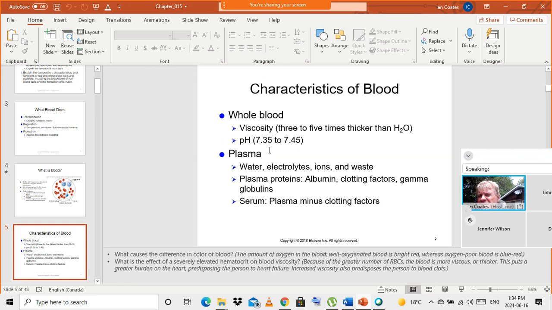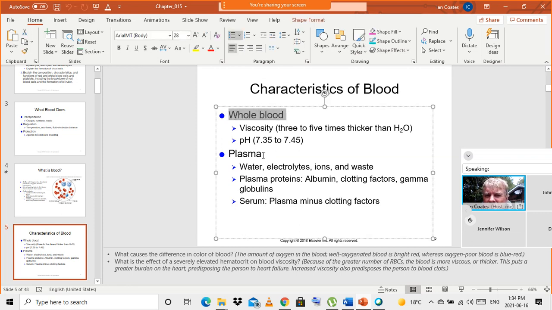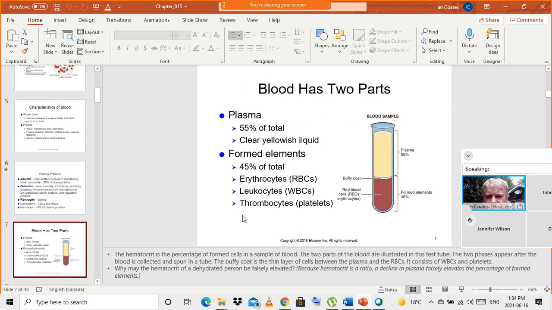There's two main parts to the blood that I want you guys to see. There's the whole blood, and then we have plasma. If we take a sample of blood, this is what they do, right? They take your sample of blood and put it in what's called a centrifuge.